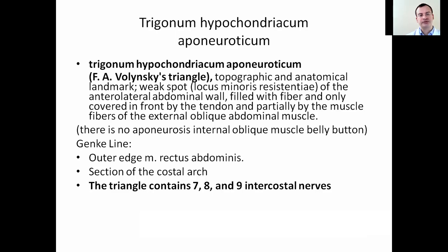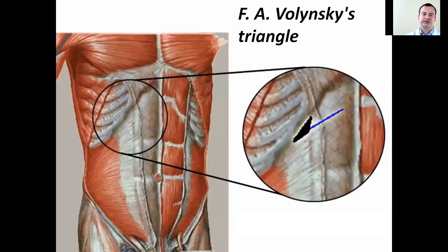There is no aponeurosis of the internal oblique muscle. The belly button, the Genki line, the outer edge of the rectus abdominis muscle, and the section of the costal arch bound it. The triangle contains the 7th, 8th, and 9th intercostal nerves. The Walensky triangle.